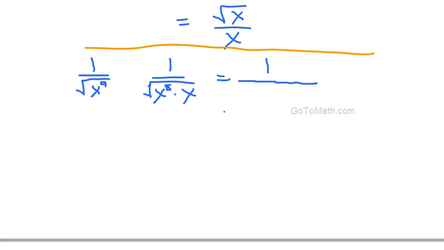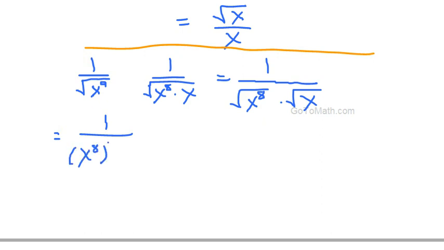And we'll rewrite this again, breaking this up. The square root of x to the 8th times the square root of x. Okay. And I'm going to get this out of radical form. Let's write this with the rational exponents. And that's going to end up being 1 over x to the 8th raised to the half times x to the half.